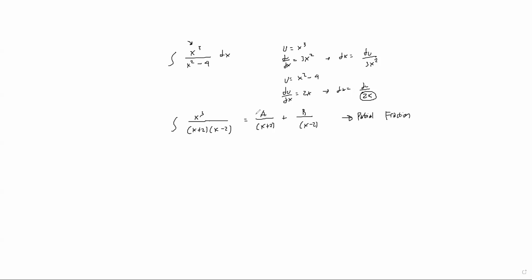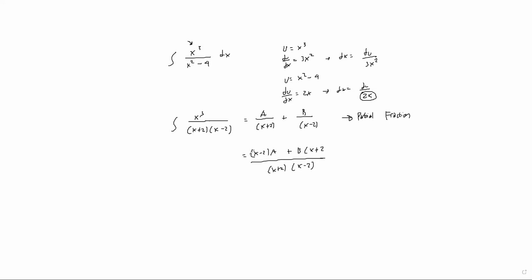We have to make sure that when we combine the two fractions on the right, it equals the fraction on the left. I'm going to cross multiply the fractions on the right, so we end up with x minus 2 multiplied by a, added to b multiplied by x plus 2, and the bottom part will be x plus 2 multiplied by x minus 2.